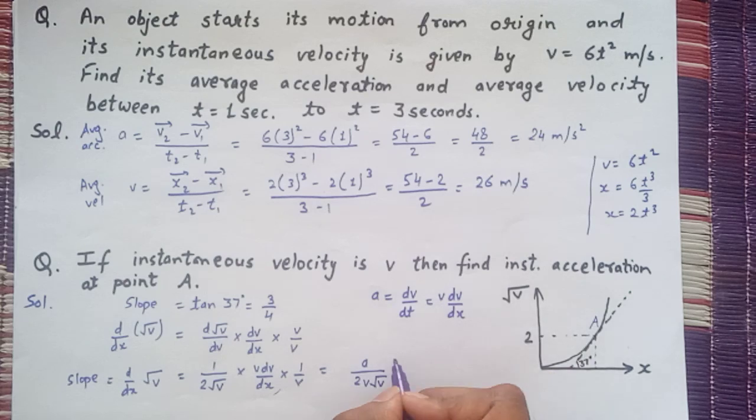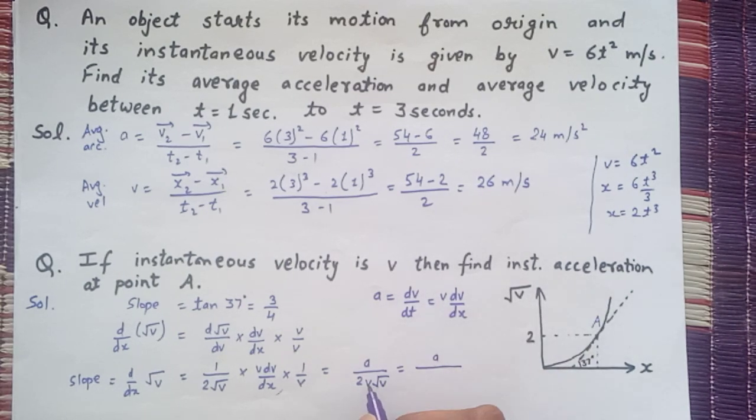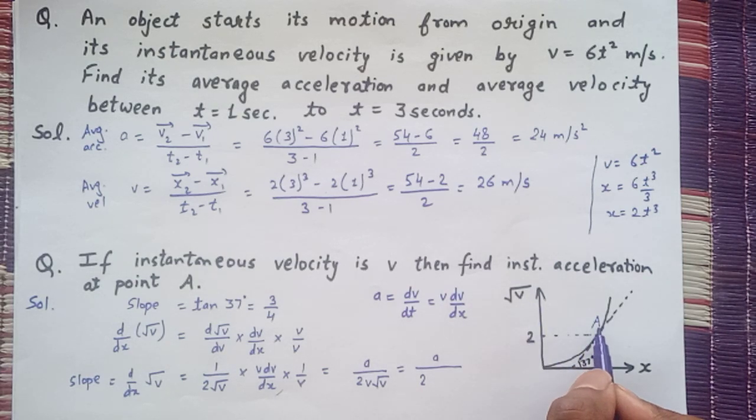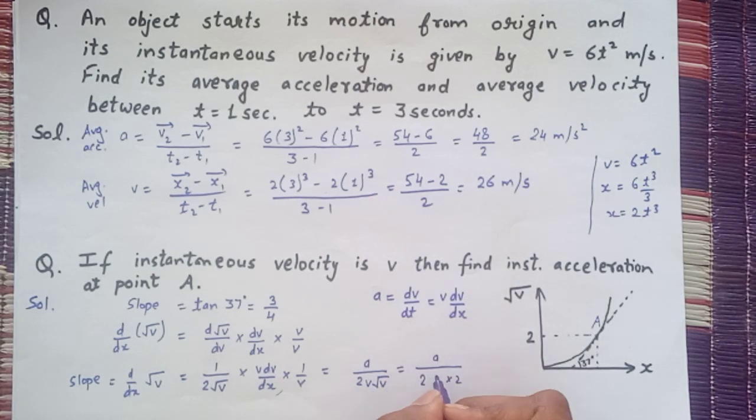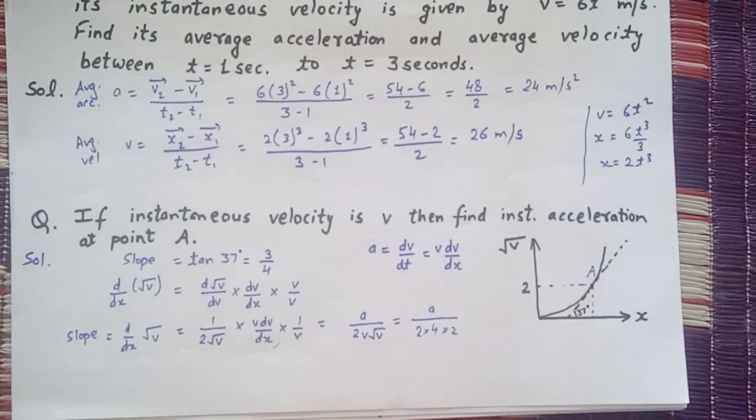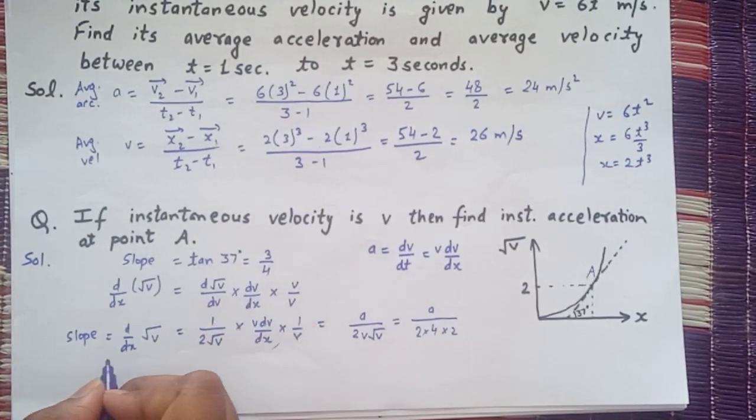So now put the value of v and root v. At point A, root v is 2. If root v is 2, then what will be v? It will be square of it, so it will be 4. Now slope is 3 by 4.